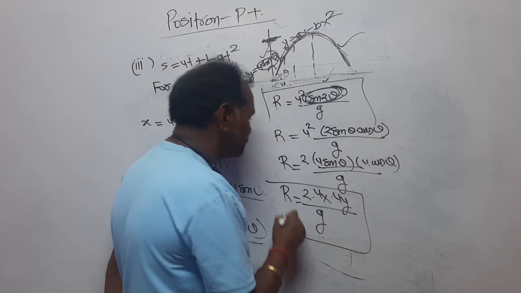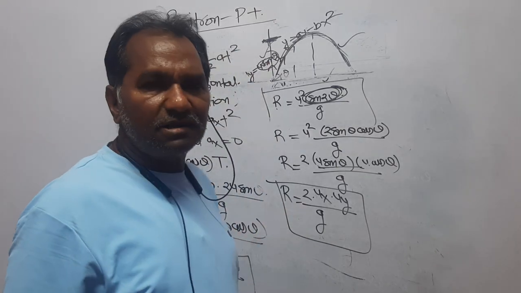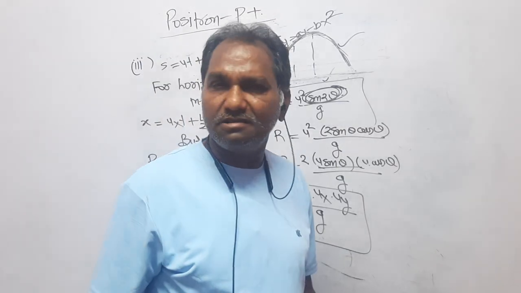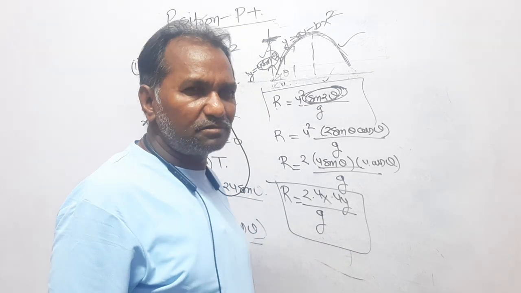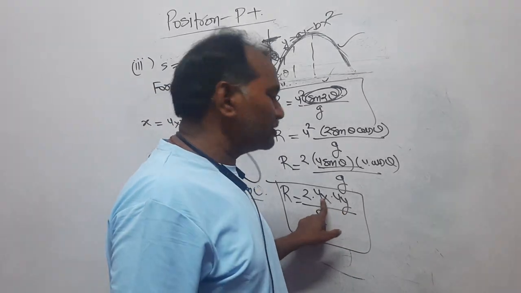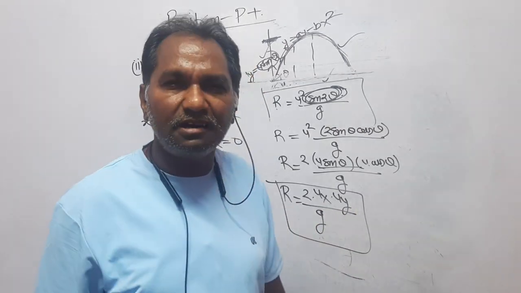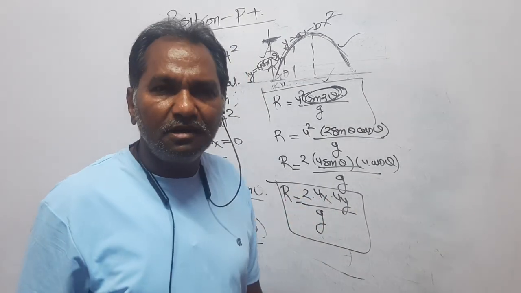This is also a very important formula. In examinations like NEET, it can be given that if the initial horizontal and vertical velocities are this and this, then what would be the range? You can find it in this way, right?